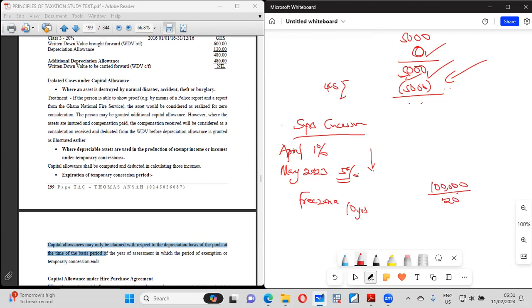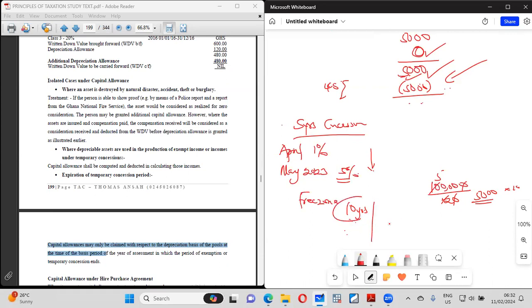Useful life is 20 years. So how much do we have? We have 5,000 every year. Now, this is for 20 years, so in each year of the 10 years, they will be utilizing the 5,000.